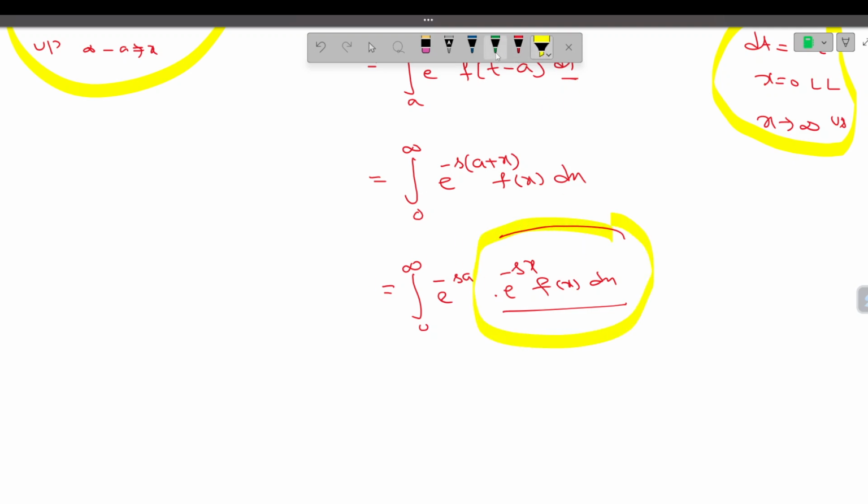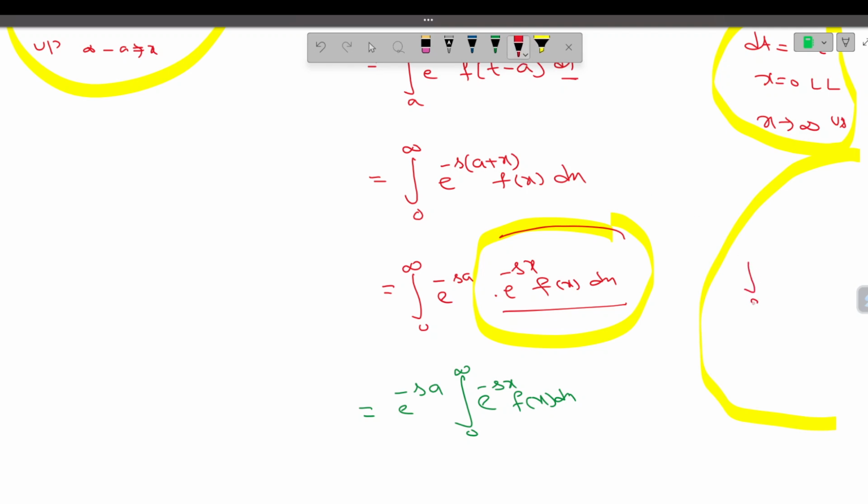The constant part you keep outside. So e to the power of minus as times integral from 0 to infinity of e to the power of minus sx f of x dx. You have done this, you remember? Smart people, you are engineers. Integration a to b of x square dx is the same as integration a to b of y square dy.